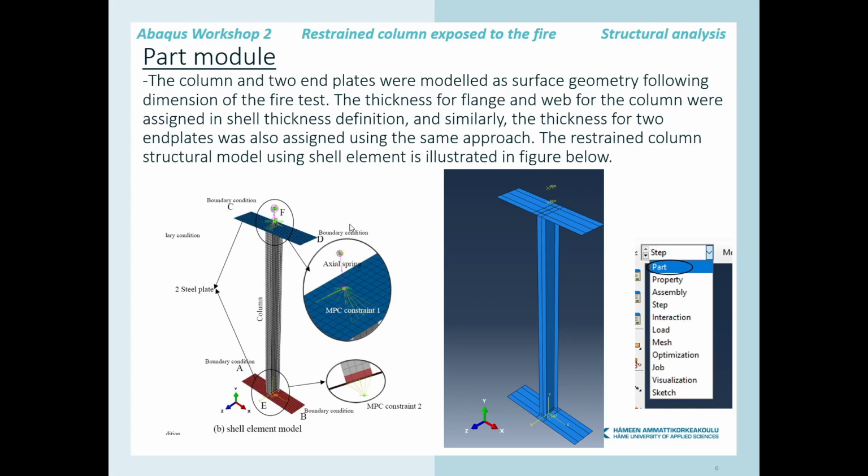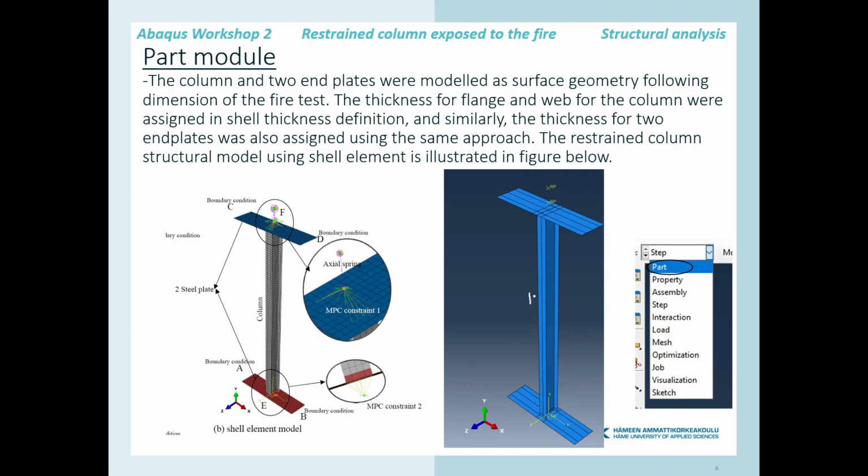So for this model we will follow the approach of modeling in the part module and then the assembly module. In the part model we will model this structure as different parts, and then in the assembly model we will assemble this structure, which looks like this.